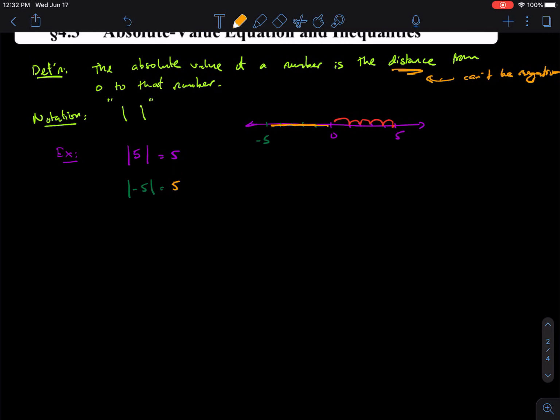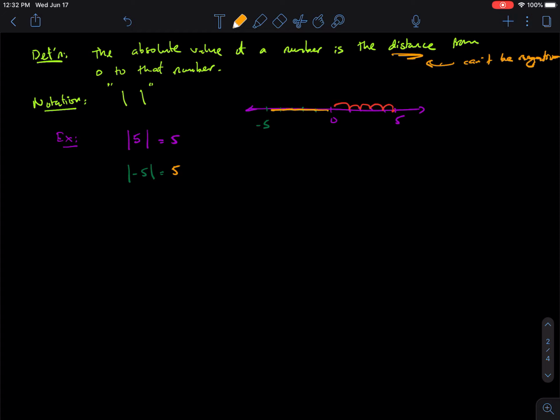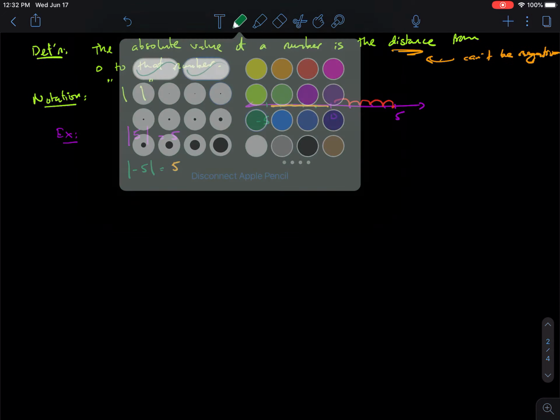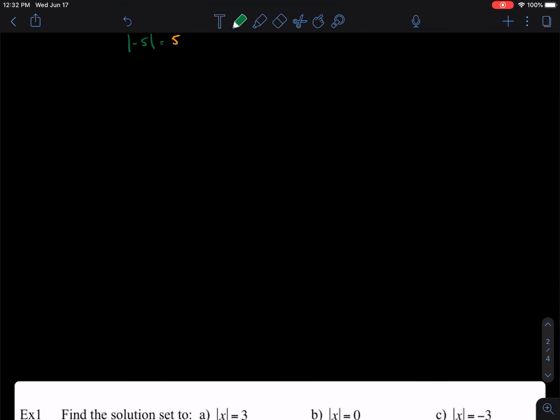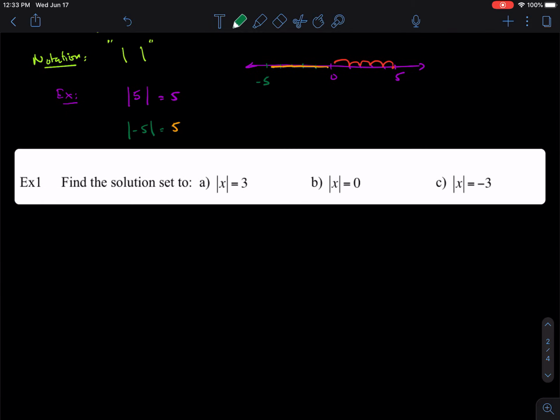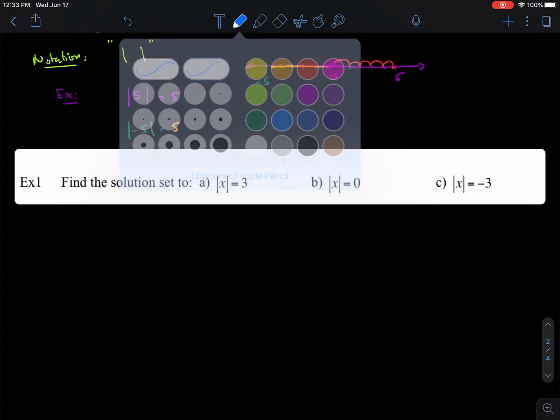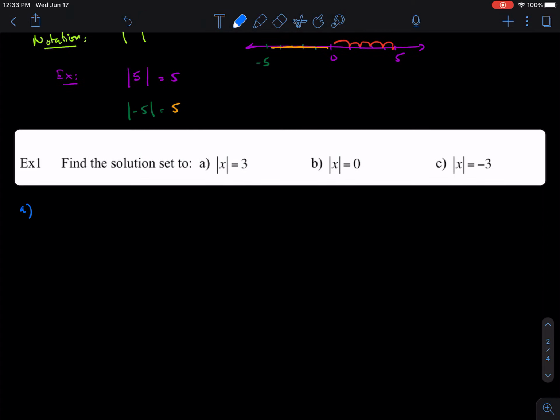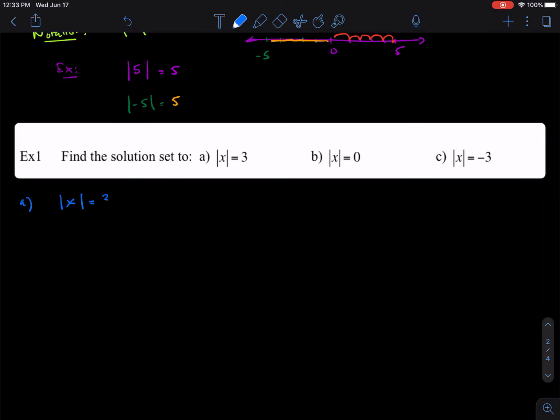So now we can try to solve some equations. Let's try solving the first example. The first example says to find the solution set to these problems. Part A is asking, what is x such that the absolute value of x is equal to 3?